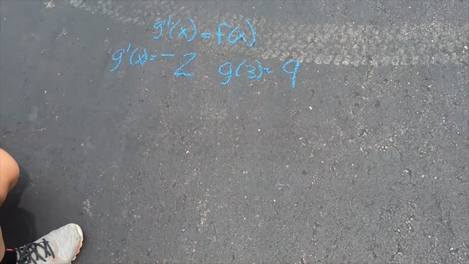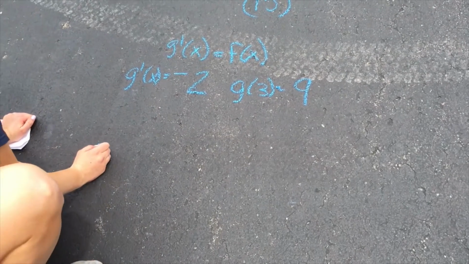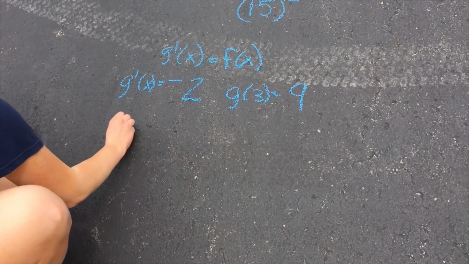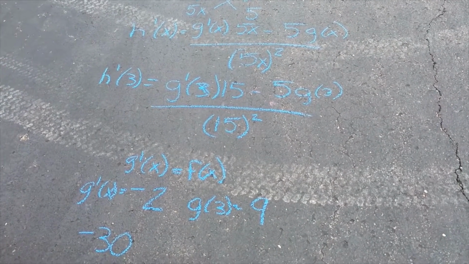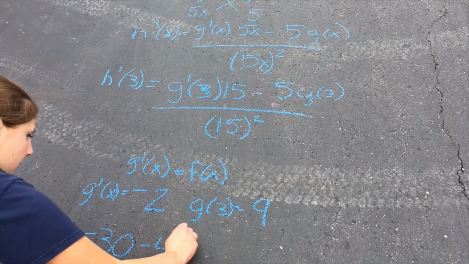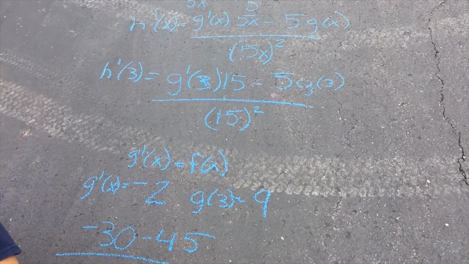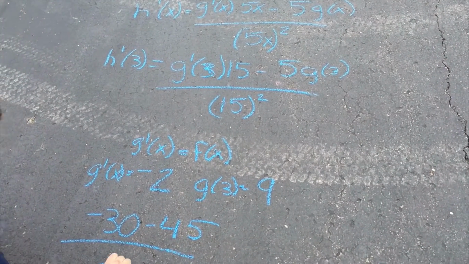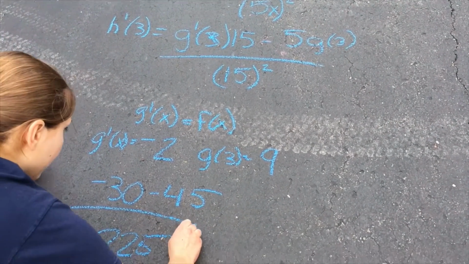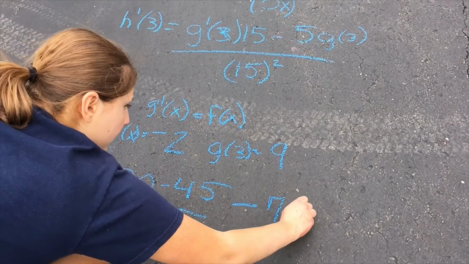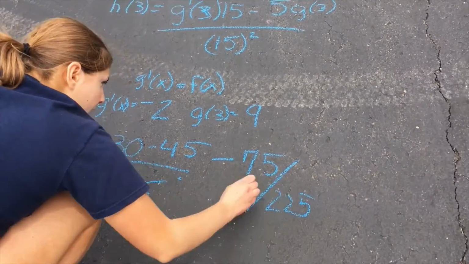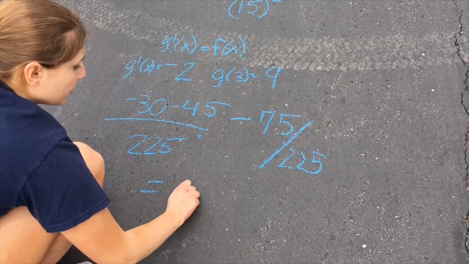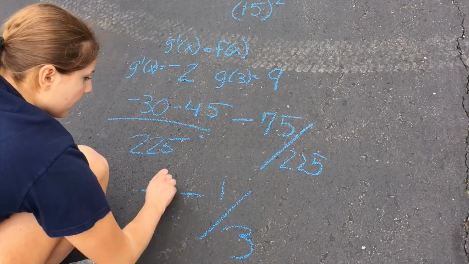So all we must do is plug these values in. So, -2 times 15 is -30. 9 times 5 is 45. And 15 squared is 225. So we have -75 divided by 225, and simplified is equal to -1/3.